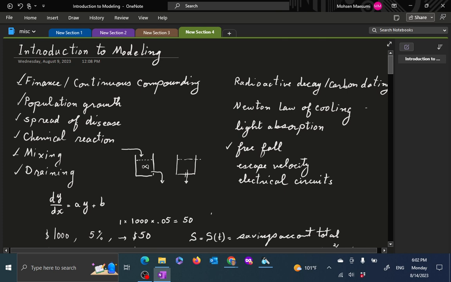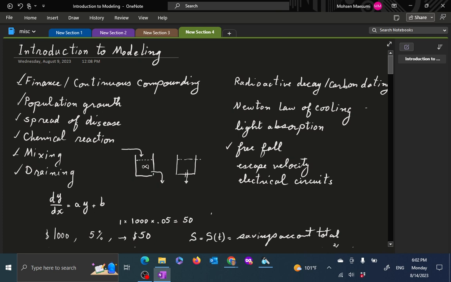We had an introduction to modeling, various problems in finance, biology, chemistry, mechanics, radioactive substances, heat distribution, light distribution, falling, and so on. They tie in various forms of differential equations, more or less of this type. In the future sections, we are going to look at these topics in much more detail and actually solve the equations.